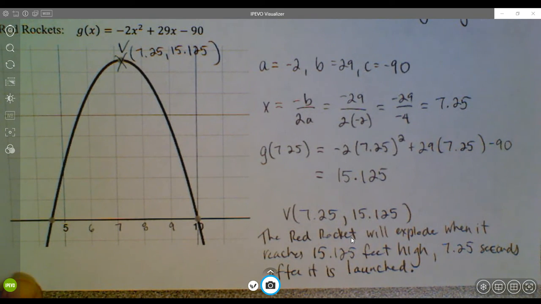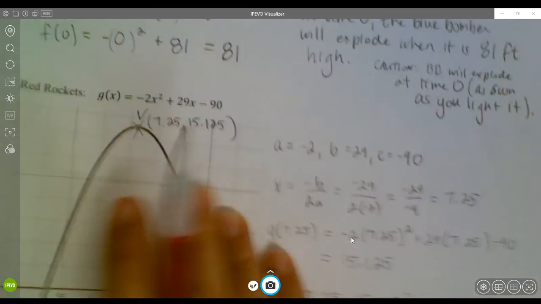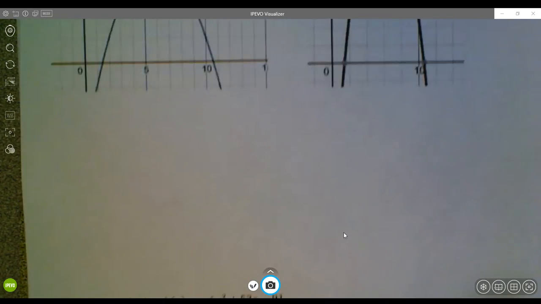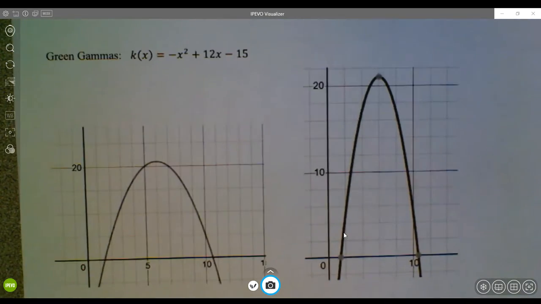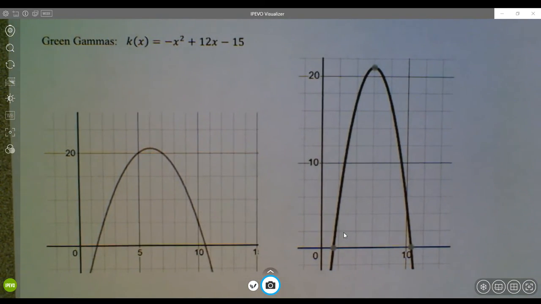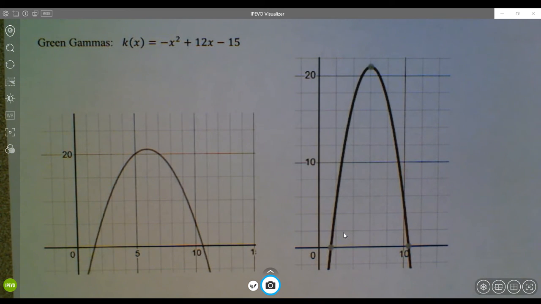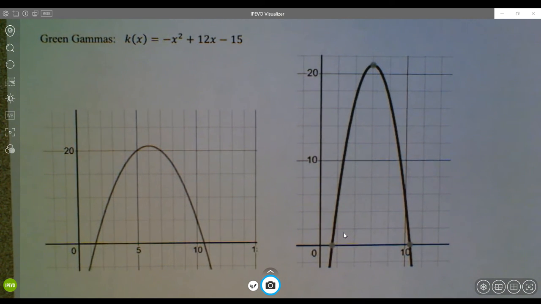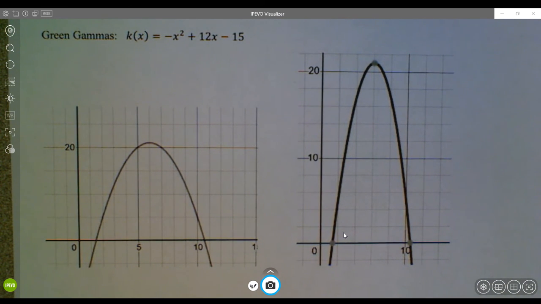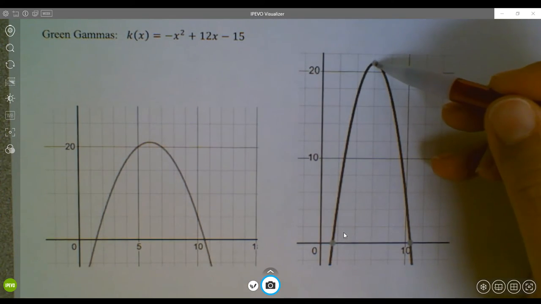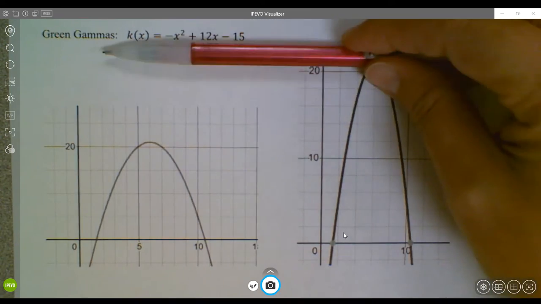Okay. All right. This one, the green gammas, has the function k of x equals negative x squared plus 12x minus 15. I had two different graphs for this one. I just wanted to show these to you because if you were to look at this, people would say, oh, this one's higher because physically the graph is taller.